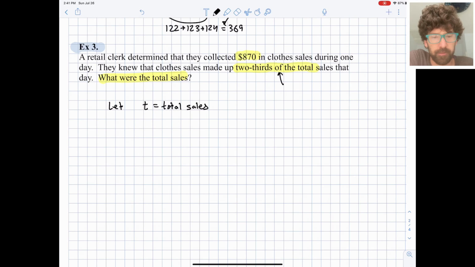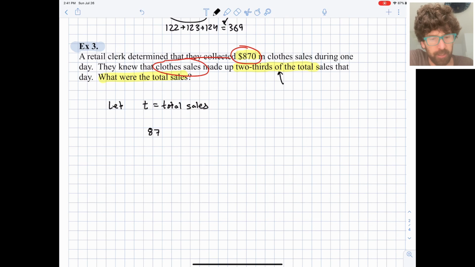Closed sales, which are 870. So let's see here. So this 870 I can really just plug in for closed sales. So 870 made up, which means equals, 2/3 of, which means multiplication, the total sales.